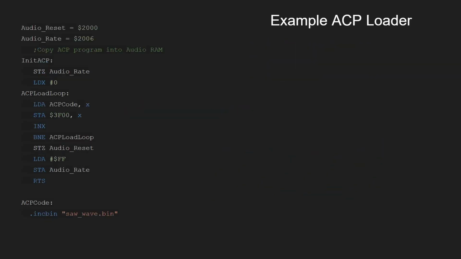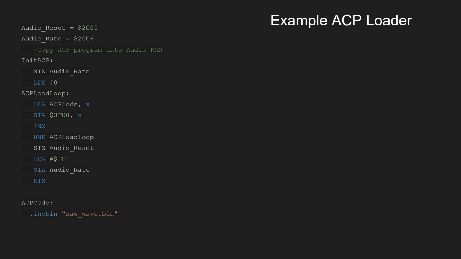Because the example ACP program is so small, it's very simple to load. This assembly code defines a subroutine that copies 256 bytes from the ACP code label to the last page of audio RAM, starting at hex 3F100. The .incbin directive is used to include the ACP binary, similar to how sprite data was included in the previous tutorial.